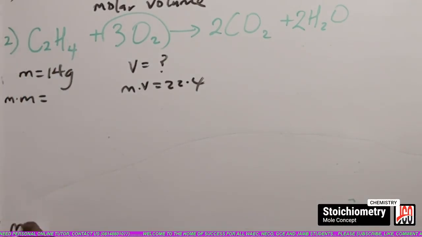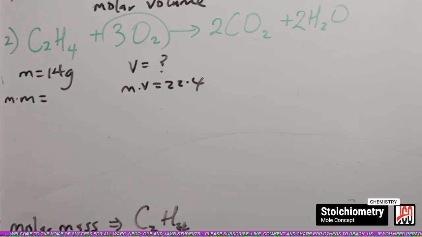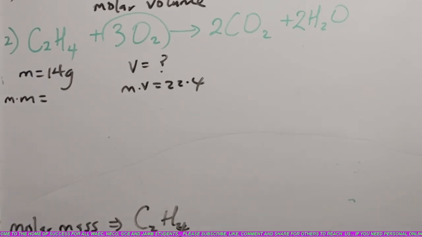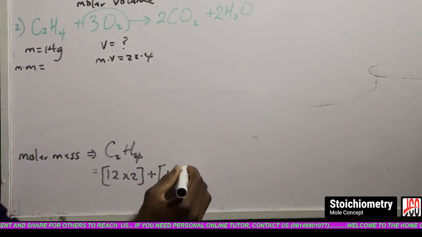So how do I solve for molar mass? If you have forgotten, this is it now. C2H4. In most questions, they will give you in bracket the atomic mass. Carbon is actually 12. So that's 12 times 2 plus hydrogen is actually 1. That's 1 times 4.